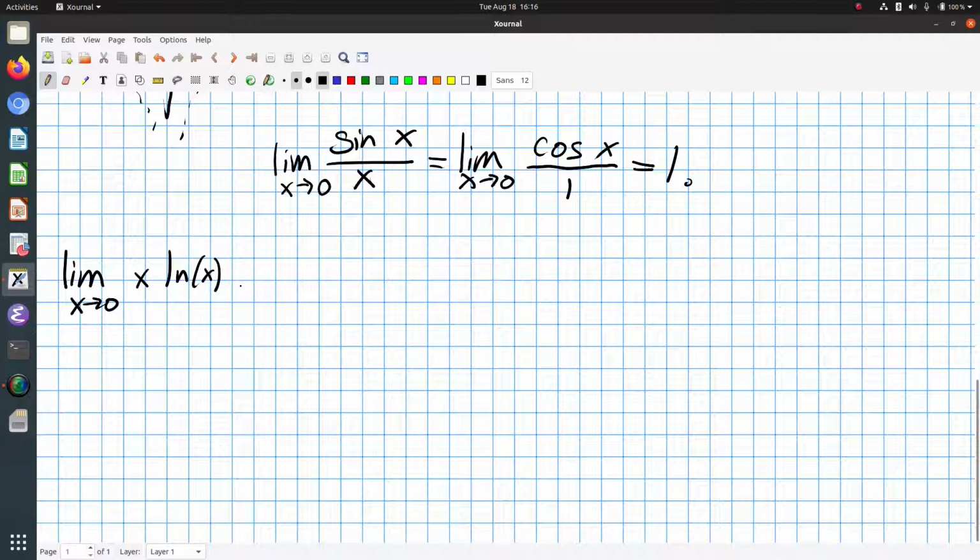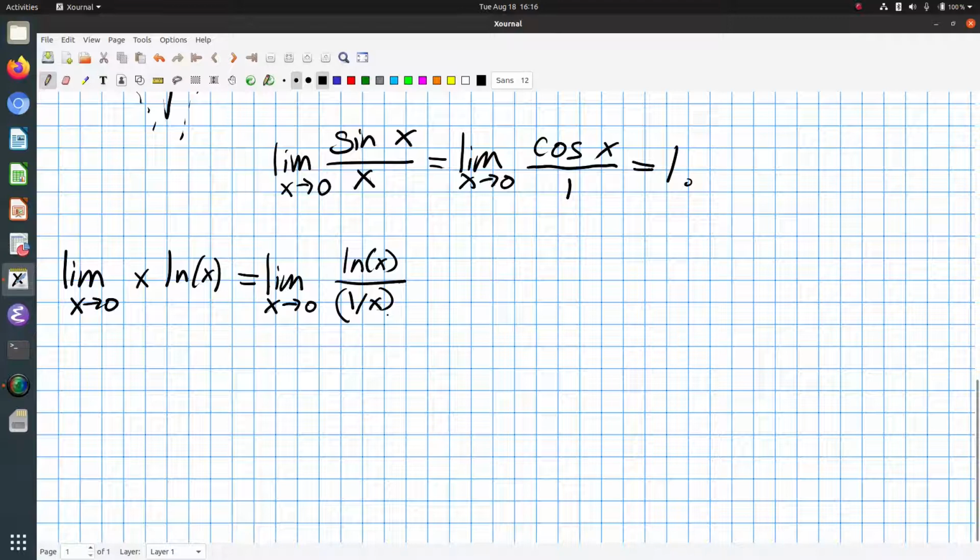This limit doesn't look like L'Hopital's rule applies at all because I don't see a ratio in sight. But actually there is a ratio. And this is what I mean by it might be a little bit mysterious. You maybe need to rewrite things a little bit to see that you can use L'Hopital's rule. And that's often the trick. That x can be written as a 1 over x in the denominator.